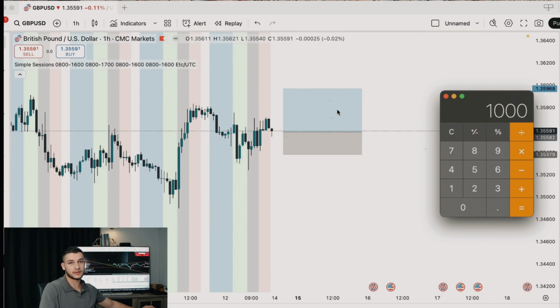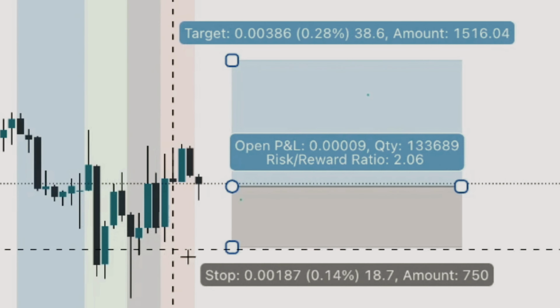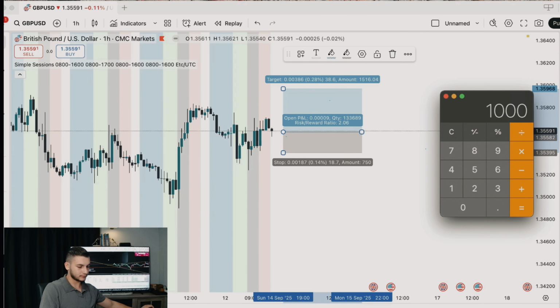So you're risking $1,000 in that kind of trade. And then you need to see what's the stop loss you entered. Okay, stop loss below this low, it's 18.7. We open the calculator and we divide $1,000 by 18.7 and we get the exact lot size you want to risk.